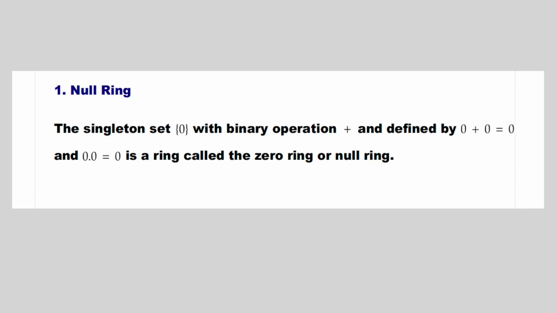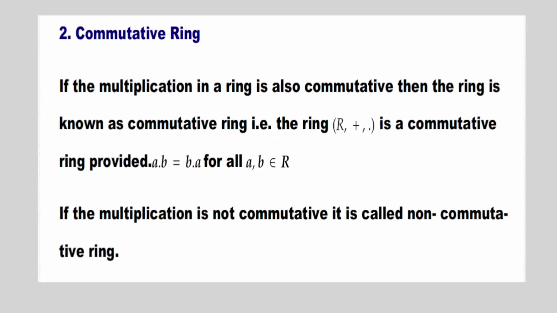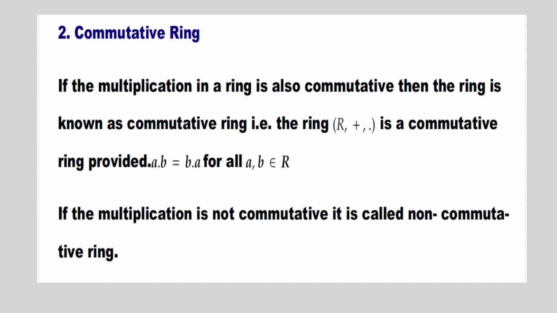Next, let us see some types of rings. The first one is null ring. The singleton set {0} with binary operations plus and dot defined by 0 + 0 = 0 and 0 · 0 = 0 is a ring called the zero ring or null ring. The second one is commutative ring.